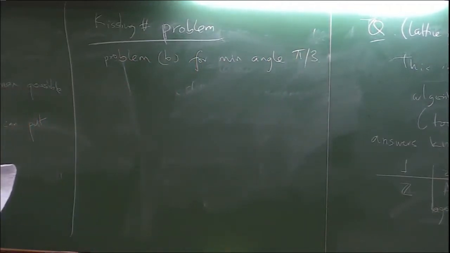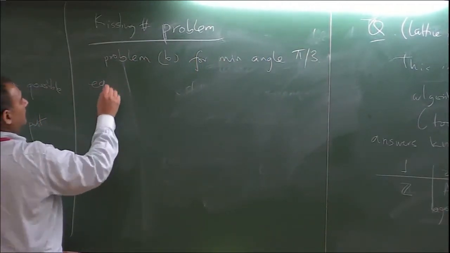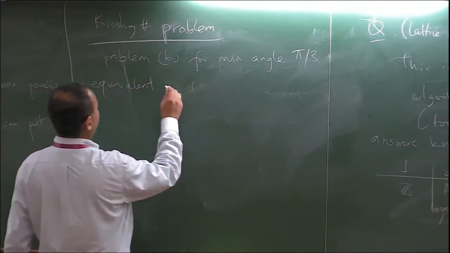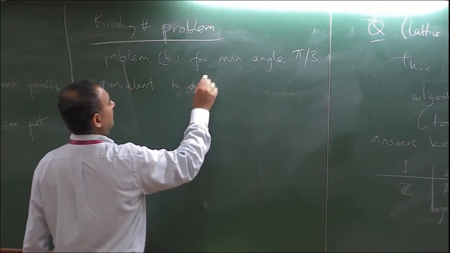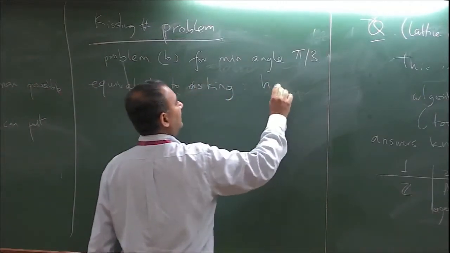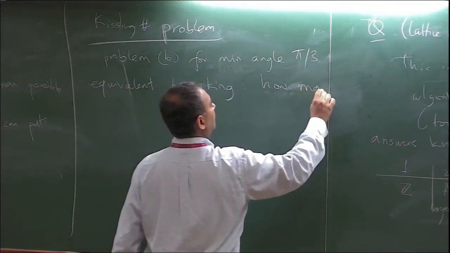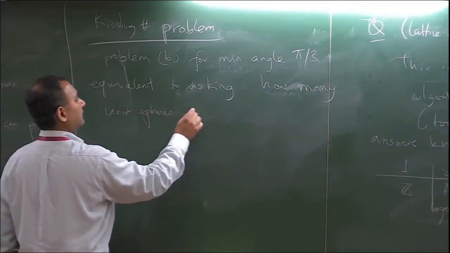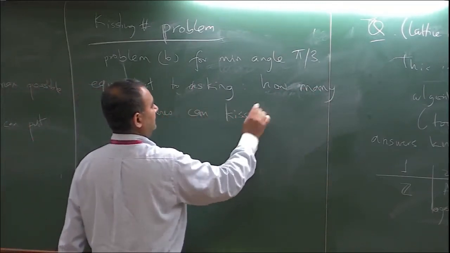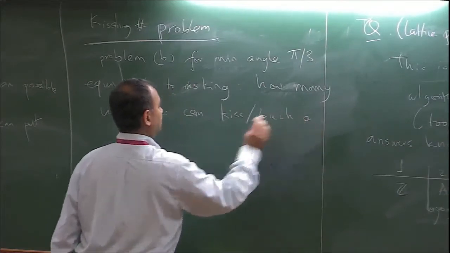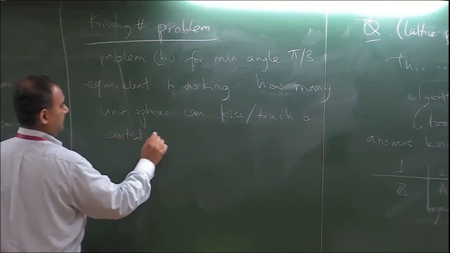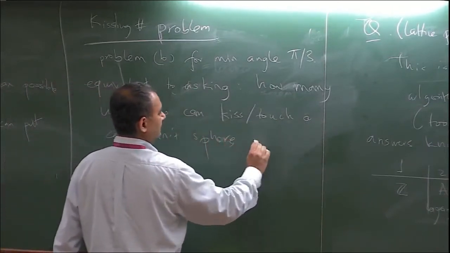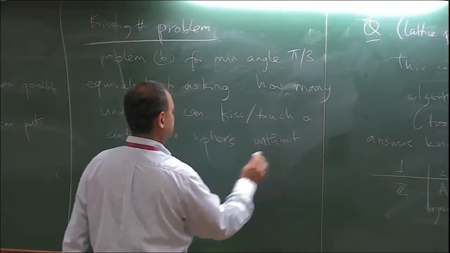Let me describe it as follows. It's a local version of the sphere packing problem. It's equivalent to asking: how many unit spheres can kiss, or touch, a central unit sphere without overlapping among themselves?